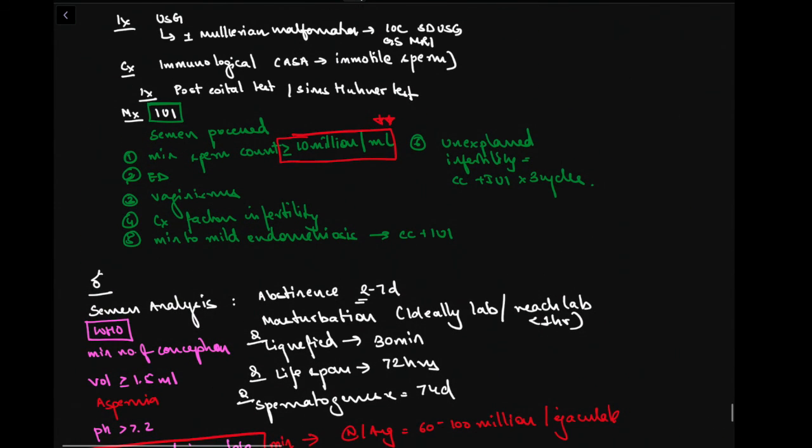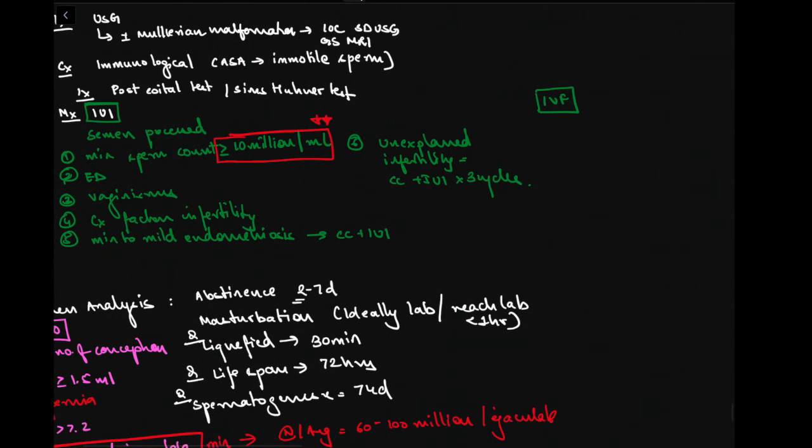So let us study the indications for IVF. Let us enumerate them in one place. First is tubal factor infertility. Second is premature ovarian failure. Third is Mullerian agenesis. Fourth is endometriosis.